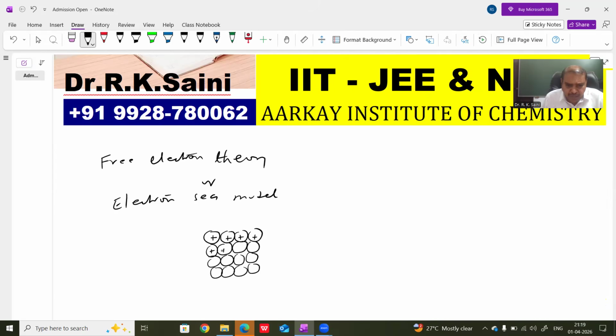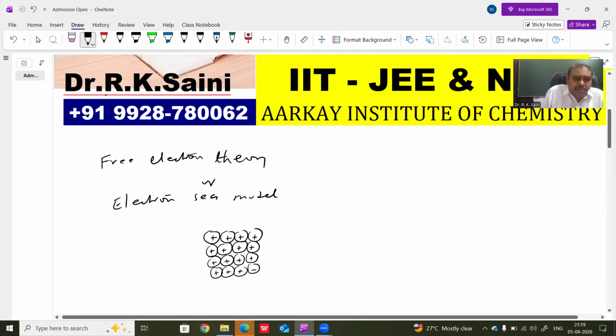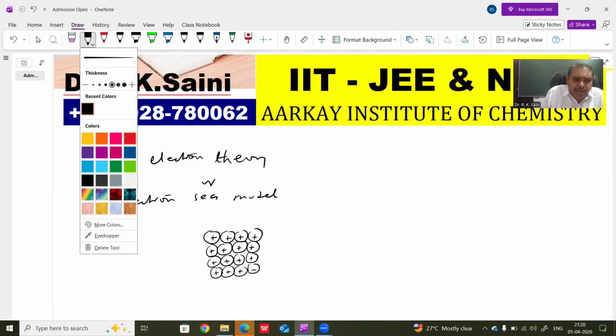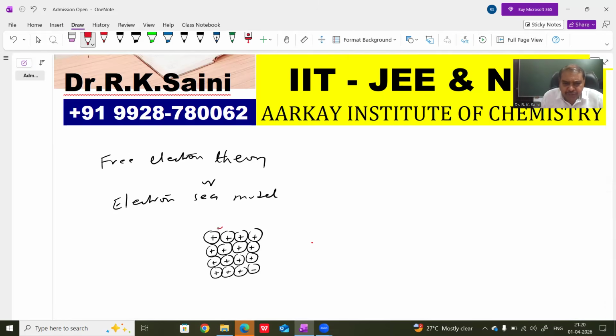The mobile electrons are the valence electrons. When the electrostatic force of attraction becomes stronger between kernel and mobile electron, then there is a strong metallic bond between metal atoms, or we can say strong cohesive force. These are the mobile electrons present in the lattice, and the positively charged ions are known as kernel.